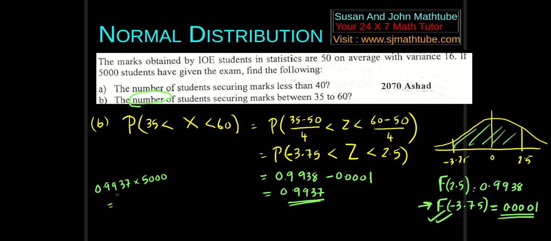Use a calculator: 0.9937 multiplied by 5,000 gives 4,968.5. But the number of students cannot be a decimal, so it is 4,968, or you can write 4,969 as you wish.